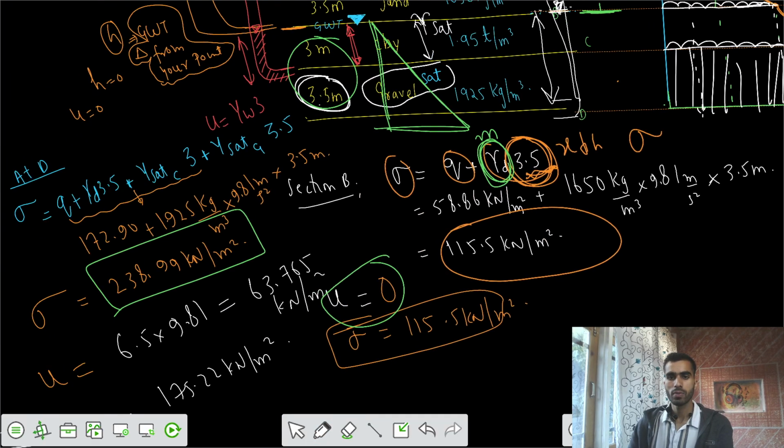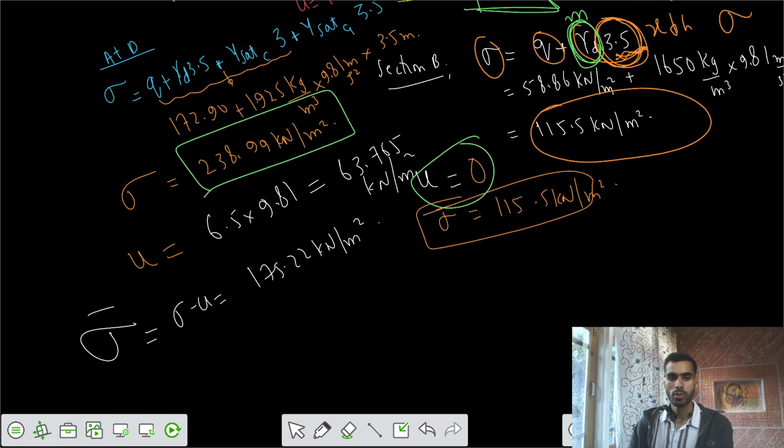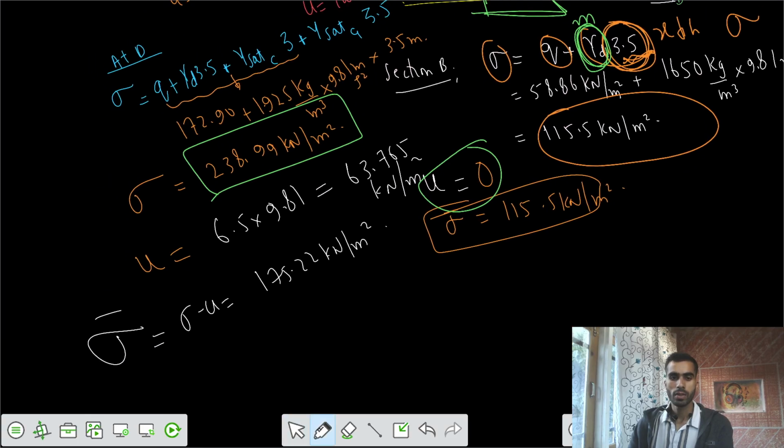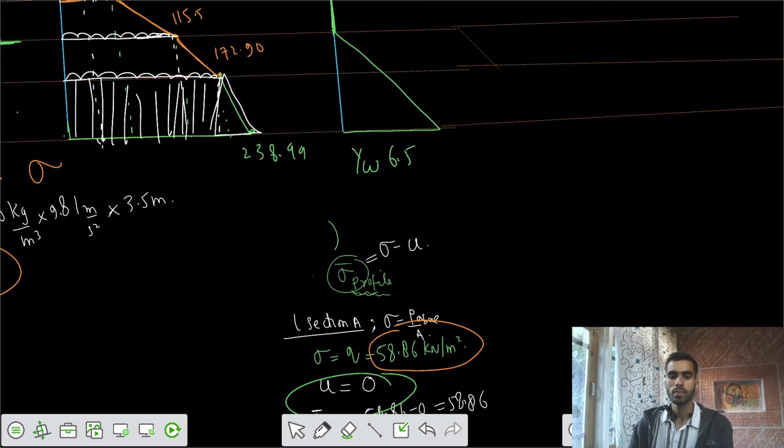So what was the final value? 6.5 into 9.81 is 63.765. So that's your pore water pressure diagram.